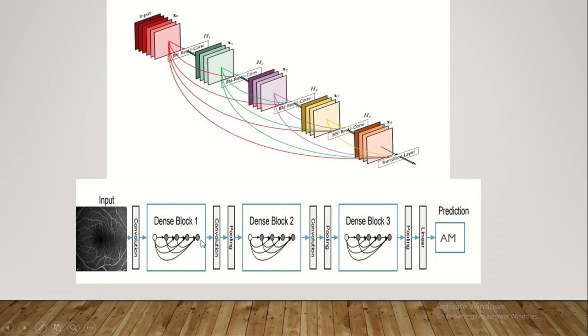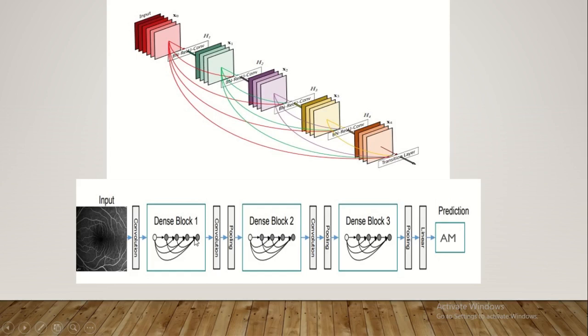And in each dense block, the activation of this node is calculated from the activation of all its previous nodes in a particular block. So the activation of this node is calculated by this one, then this one, and this one also, and this one also. So gathering the information of all previous nodes, we are calculating the activation of this particular node.